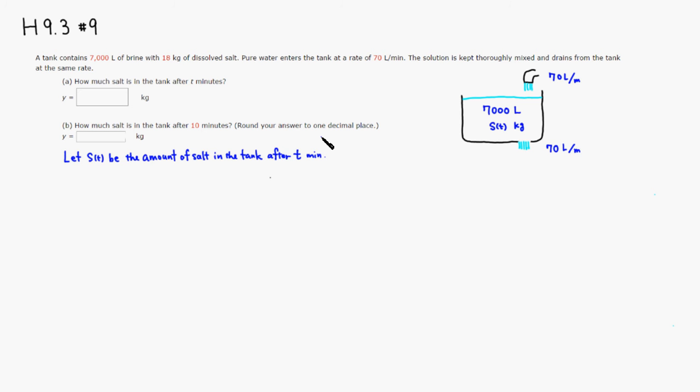All right, then the initial condition would be S of 0, that will be 18 kilograms. So S of 0 is going to be 18.